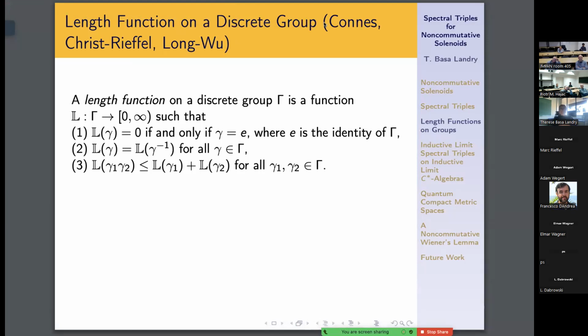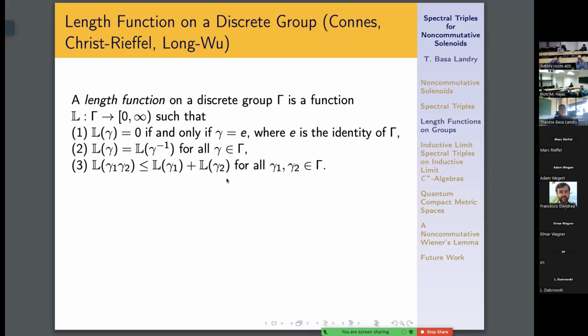Okay, so this is a non-negative valued function that vanishes on the identity. Its value on an element and its inverse is the same. And we also have a kind of sub-additive property.